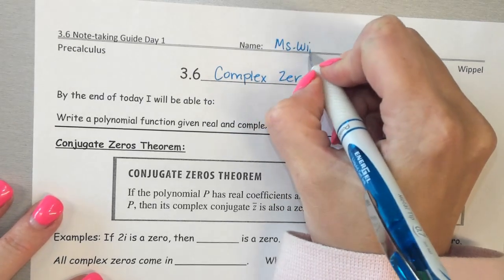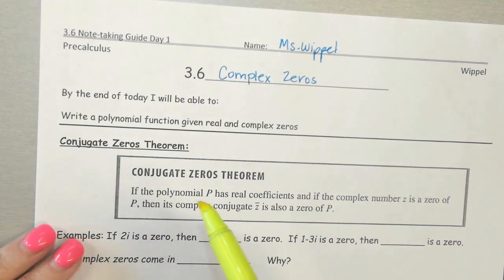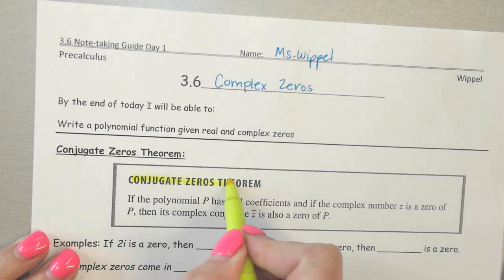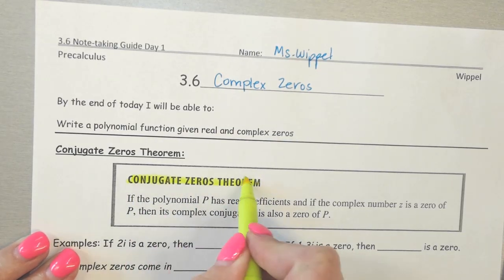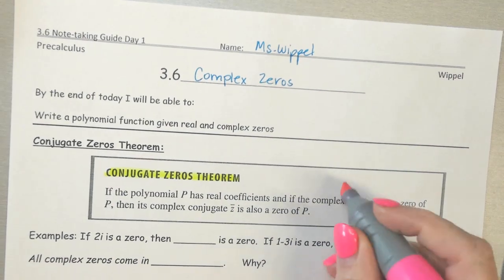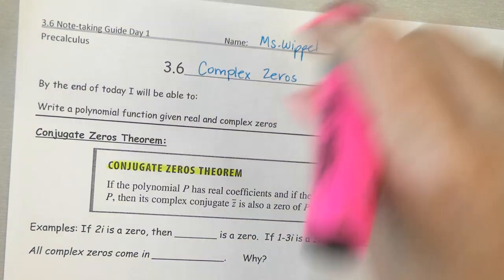So I asked you guys to read through this theorem that says if you have a polynomial with real coefficients and if the complex number is a zero of that polynomial, then the complex conjugate is also a zero. They're calling the complex number z.